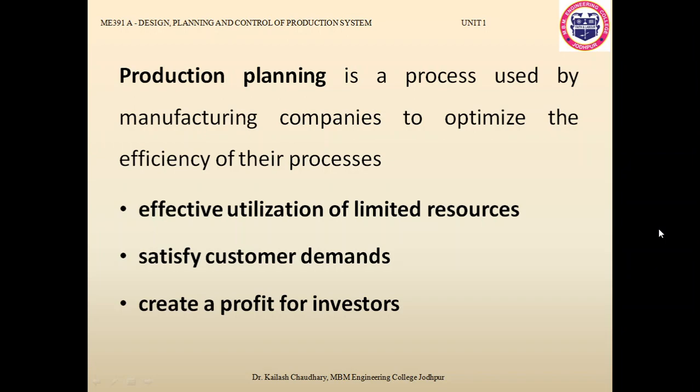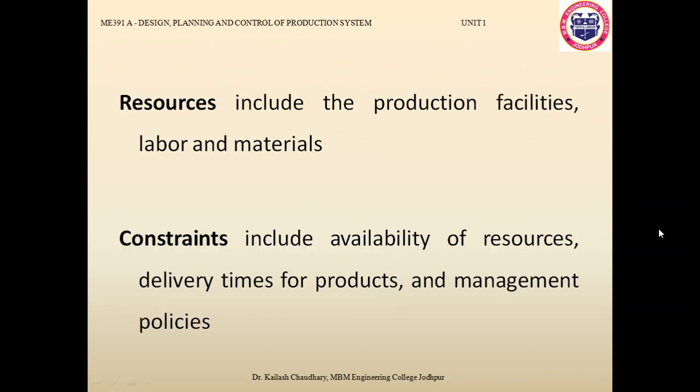So if we do proper production planning, that will help us to get maximum profit, that will help us to satisfy the customers, and that will effectively utilize our limited resources. So it is very useful technique, policy for the industrialists, the business persons.